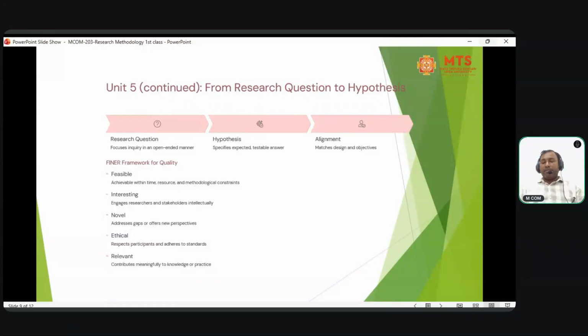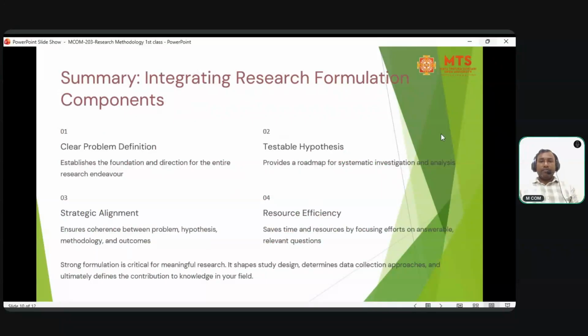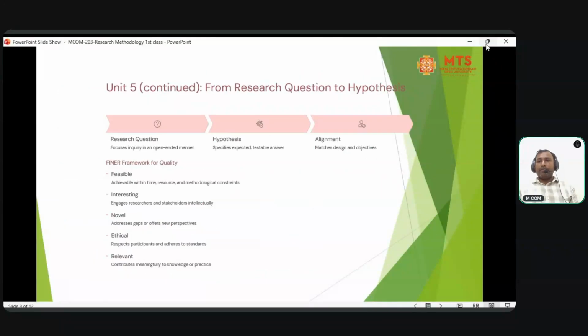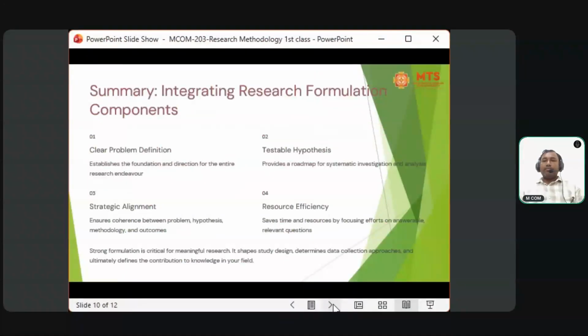As per example of hypothesis formulation: if a topic is impact of advertisement on sales, then the null hypothesis will be advertisement has no significant effect on sales, and the alternative hypothesis is advertisement has a significant effect on sales.